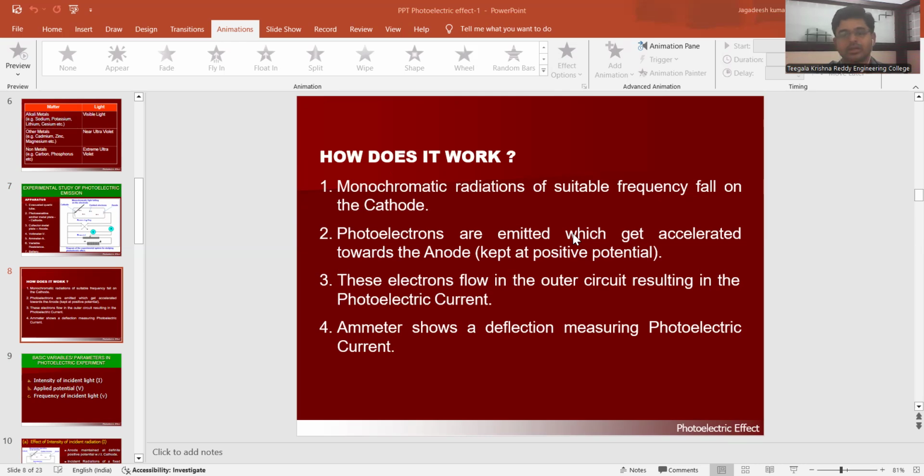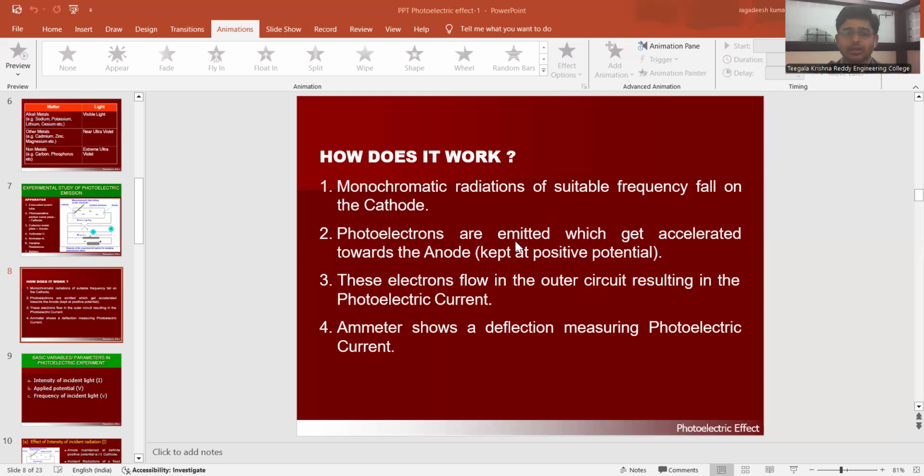What is monochromatic? Radiation having a single frequency. Light or radiation which has a single frequency is called monochromatic. The monochromatic radiation, having only a single frequency, falls on the cathode.